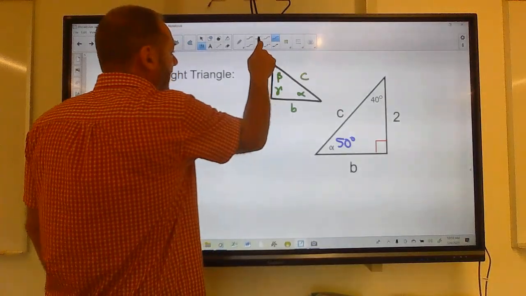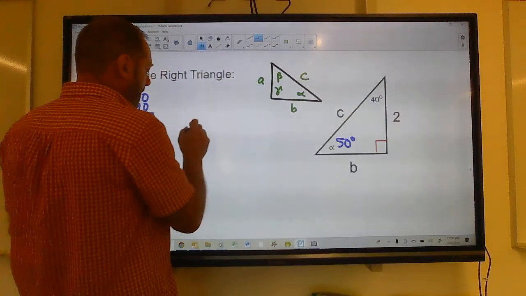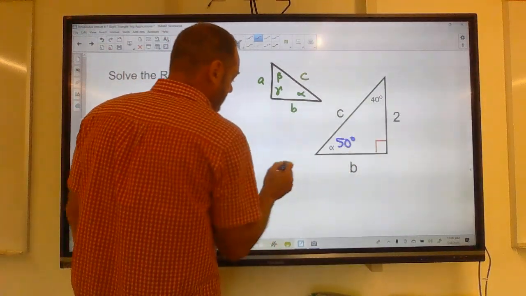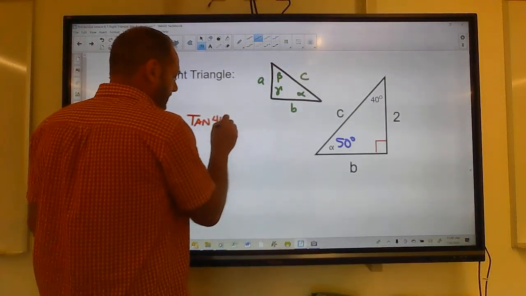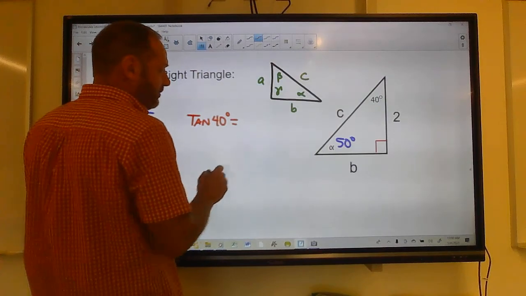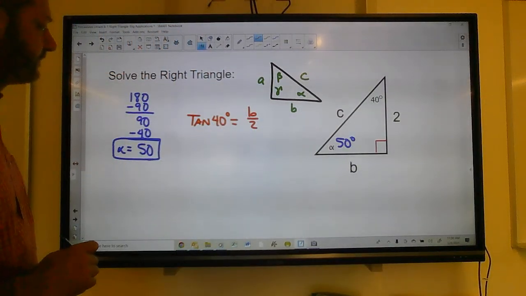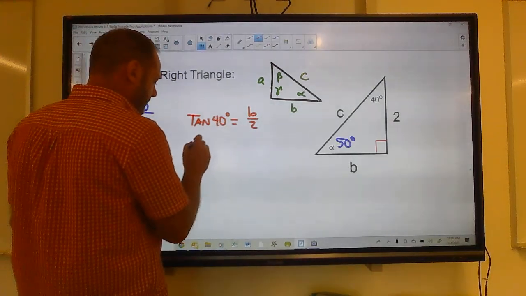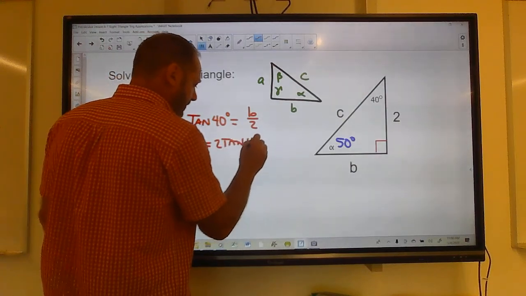But if I use the 40-degree angle, I know that this is the side opposite and that's the side adjacent. So I can use the tangent. The tangent of 40 degrees is going to equal the opposite over the adjacent. And now I can just multiply both sides by 2, so B is going to be 2 times the tangent of 40 degrees.